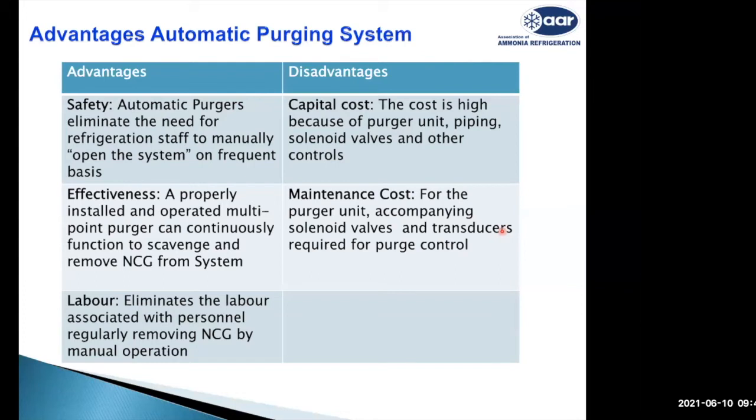One is that it increases the safety of my plant because there is no staff or operators required to open and close the system. It makes sure that when my plant is open for purging, no air or outside elements enter my refrigeration system, and it is effective because it continuously operates, and multi-point purging can make sure that the total plant is totally free of non-condensable gases or air.